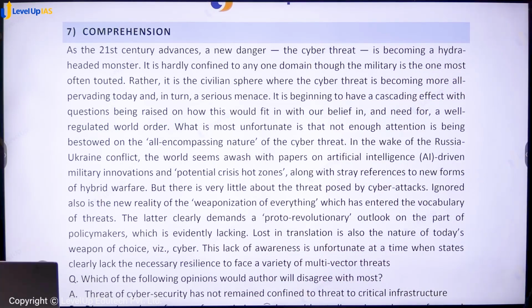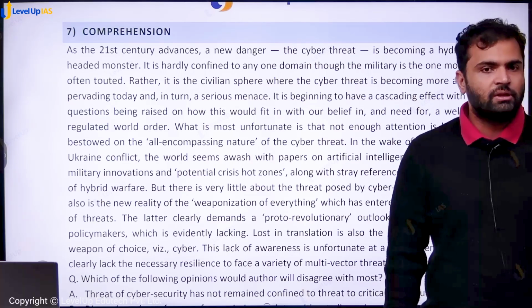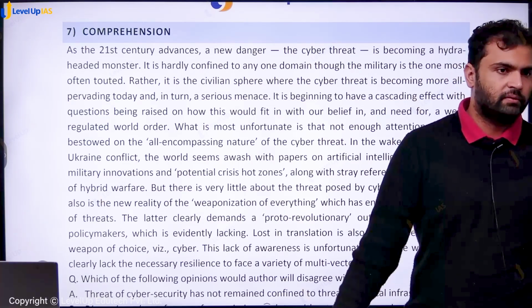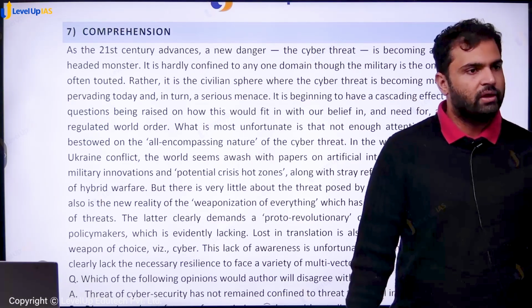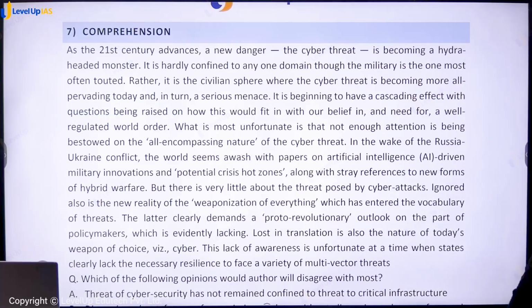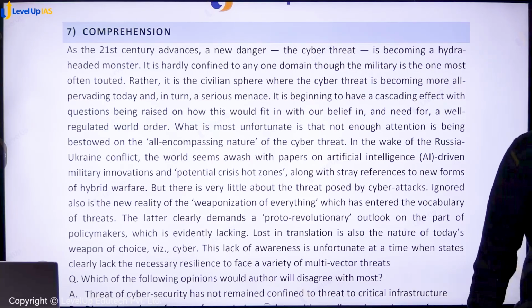Rather, it is the civilian sphere where the cyber threat is becoming more all-pervading today and in turn a serious menace. All-pervading मतलब हर जगह पे फैल रहा है. All-pervasive, everywhere. It is beginning to have a cascading effect with questions being raised on how this would fit in with our belief in and the need for a well-regulated world order.